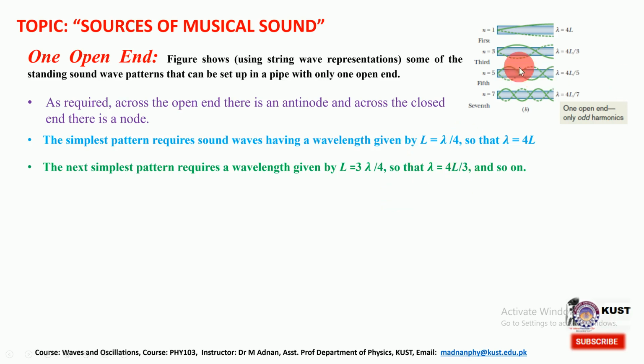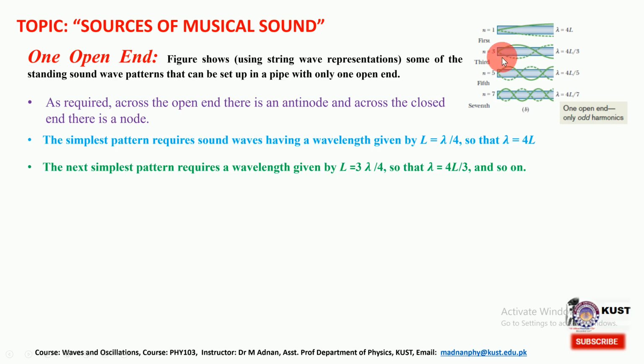Now if we see, there is a node, and here we have an antinode because of the maximum displacement. So the node and antinode distance is lambda by 4, and again we have an antinode and node, lambda by 4, and then we have a node and antinode, lambda by 4.